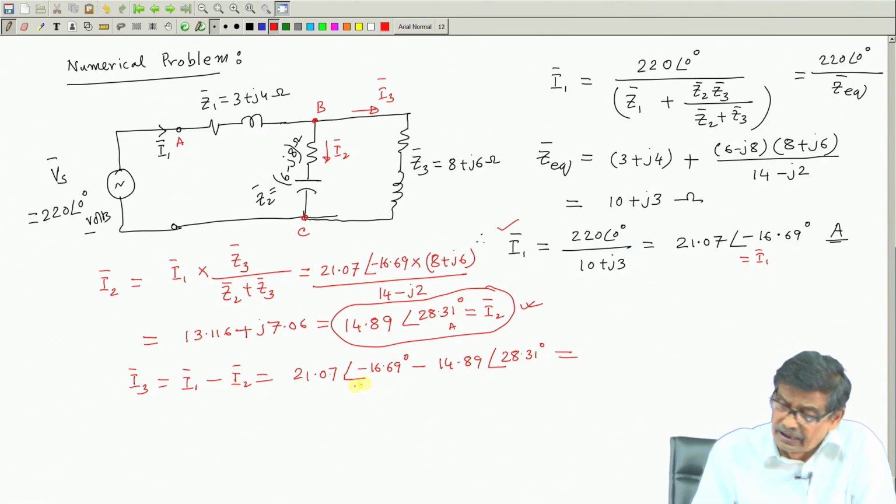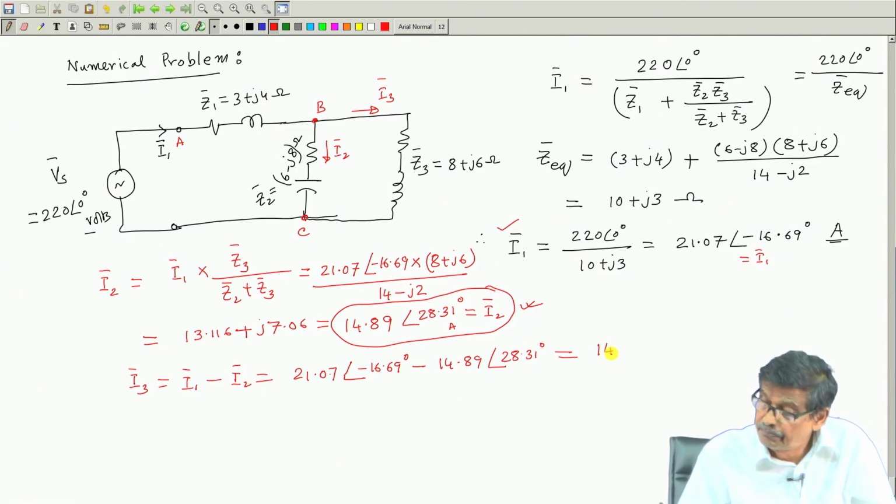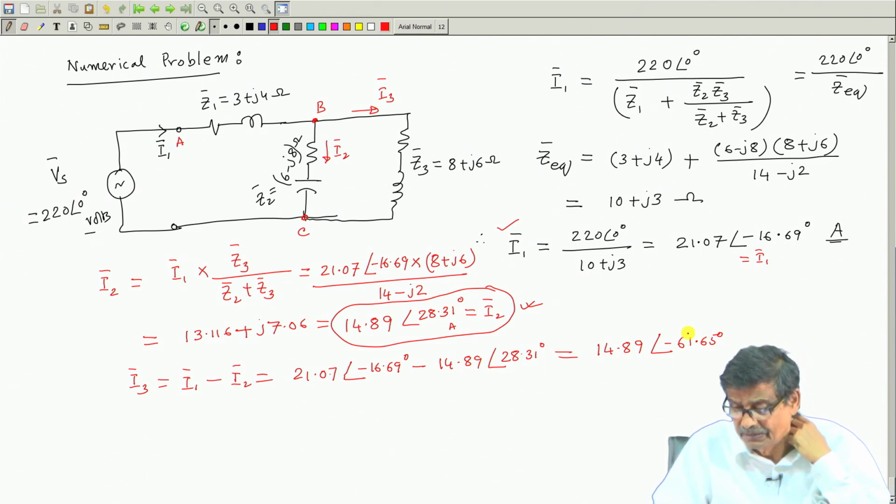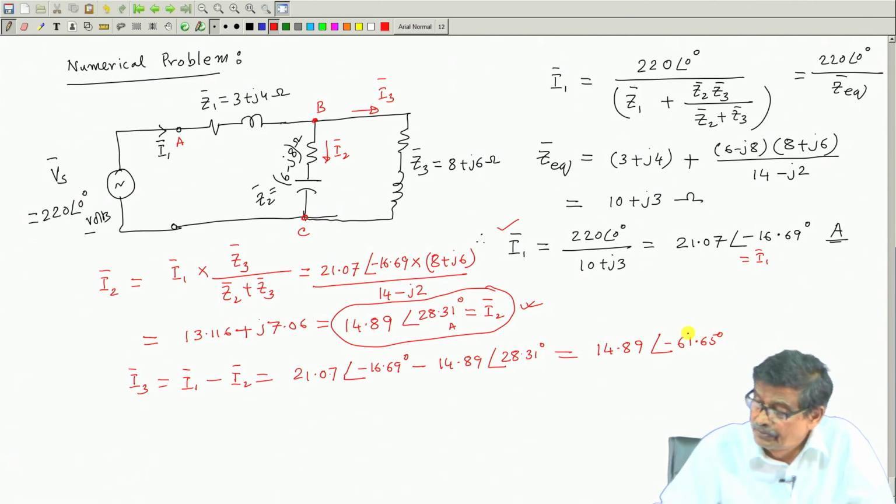If you calculate it out, I 3 bar will finally be 14.89 in polar form with angle minus 61.65 degree. You also calculate it, most probably I have not made a mistake, but who knows. So, this is equal to I 3 bar.